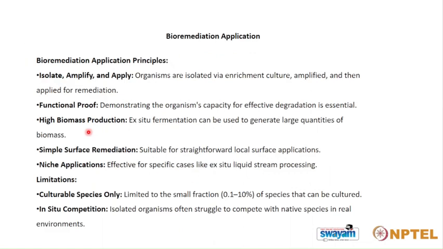So bioremediation can be applied based on the following principles. Basically, we should isolate the organism of interest which can degrade the target contaminant, and we should amplify it, and finally apply it to the contaminated site. For functional proof, we have to demonstrate the organism's capacity to be involved in the degradation process, and we should also ensure high biomass production so that the efficiency of contaminant removal will be maintained.